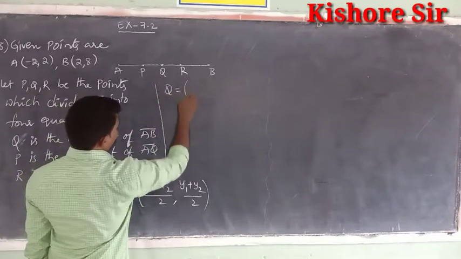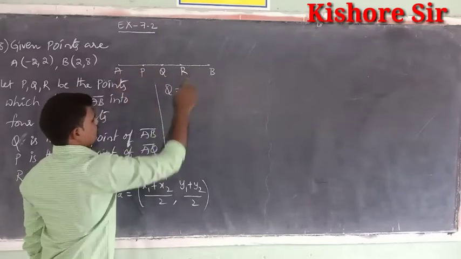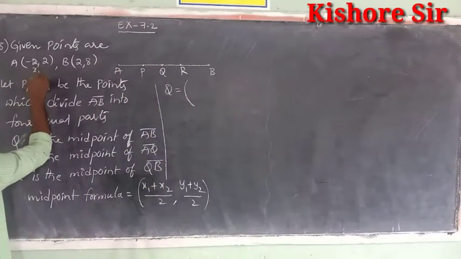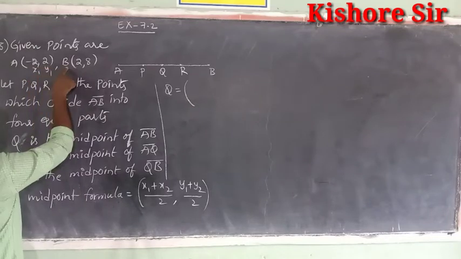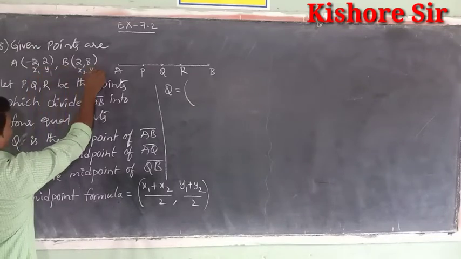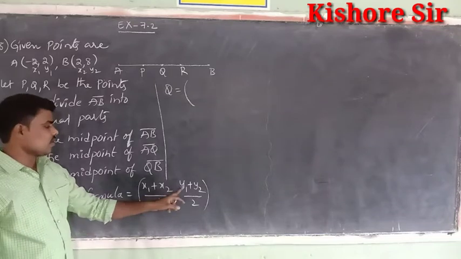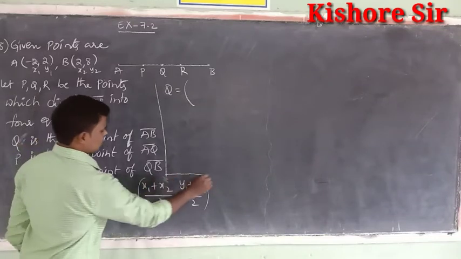Q is the midpoint of A and B. So the first point A is taken as x1 comma y1 and B as x2 comma y2. The formula is x1 plus x2 by 2, y1 plus y2 by 2.